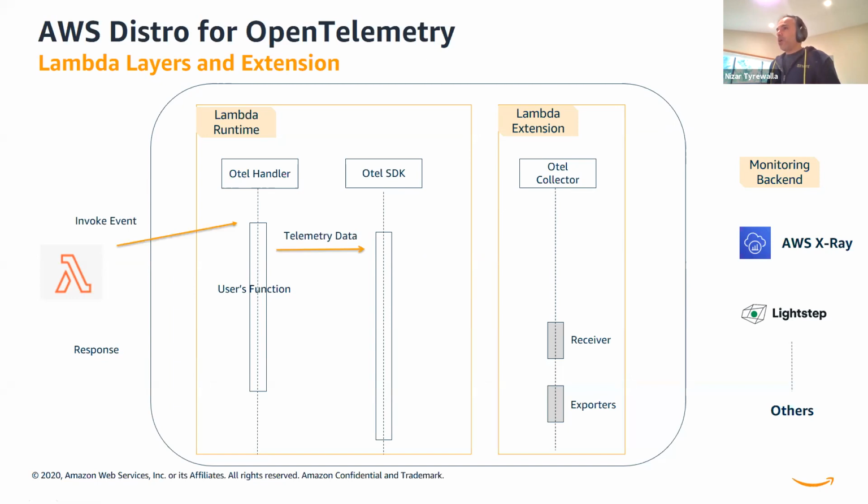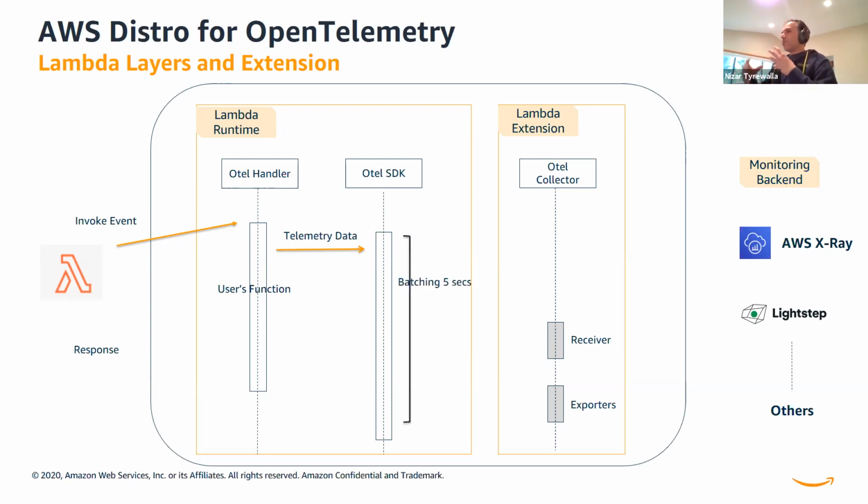So for example, let's say an invoke came in, your user function is now invoked, it's executing. Telemetry data is being collected and it's sent to the OpenTelemetry SDK. So we have the OpenTelemetry SDK as well as the collector. The SDK has bundled the APIs and all the components that Ted mentioned in a few slides before.